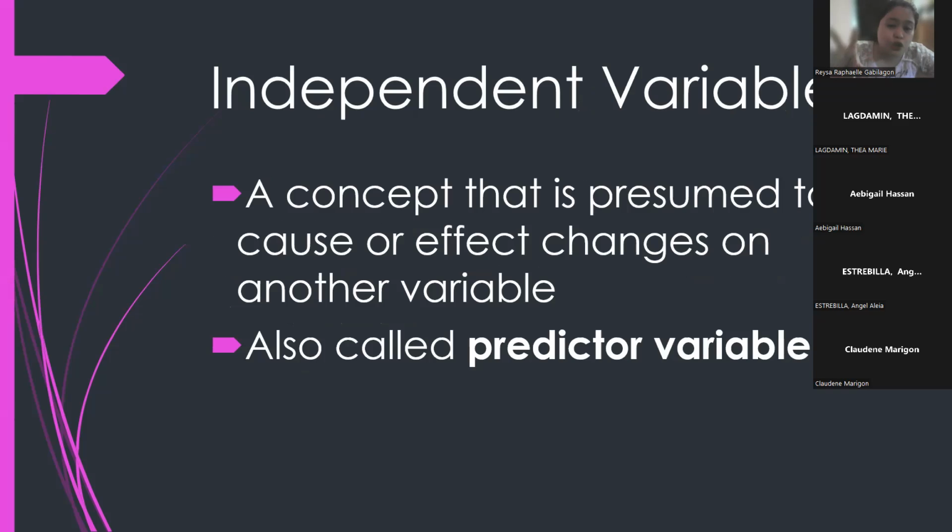We are going to control that in our research or minamanipulate natin siya sa ating research, and nag-e-expect tayo na when we manipulate these variables, makakakuha tayo ng outcome. Makakakuha tayo ng changes or effect doon sa isang variable pa. Kaya nga siya tinawag na predictor variable.